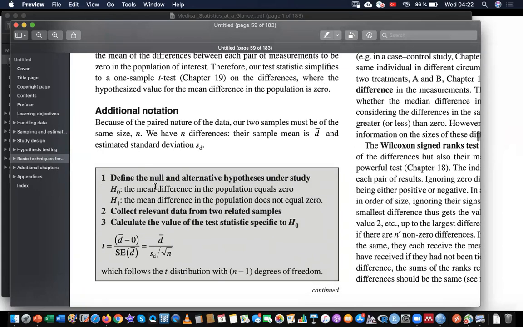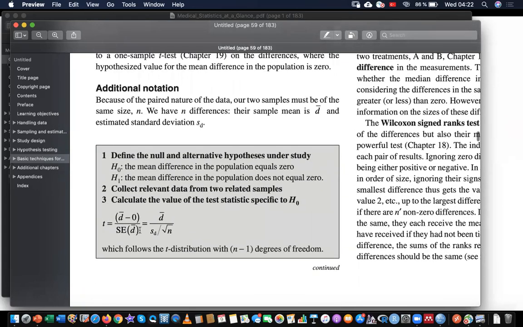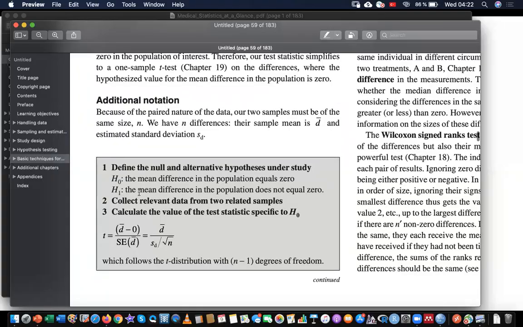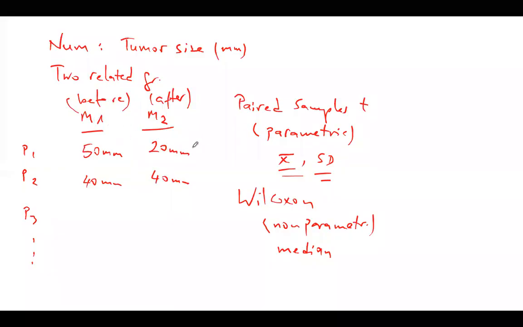What we are testing, you don't need to remember the formula for this test, but just be aware that it is a very simple formula actually. It uses the difference between the means, because the mean difference, this minus this, should theoretically be 0. If there is no difference between before and after, if you subtract 50 from 50, 40 from 40, at the end, the mean difference should be 0.